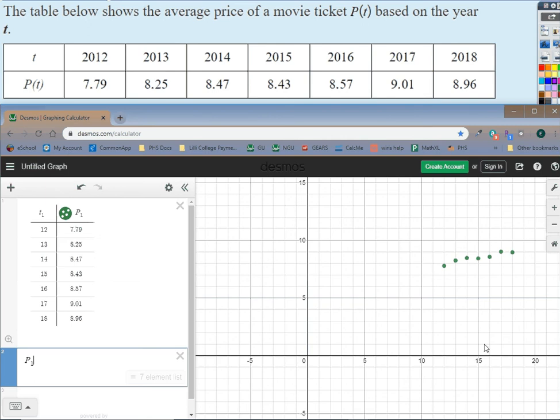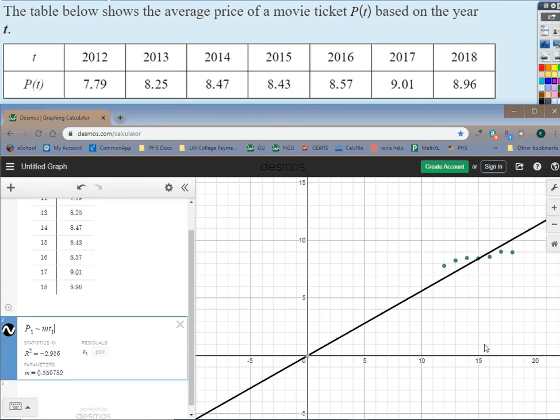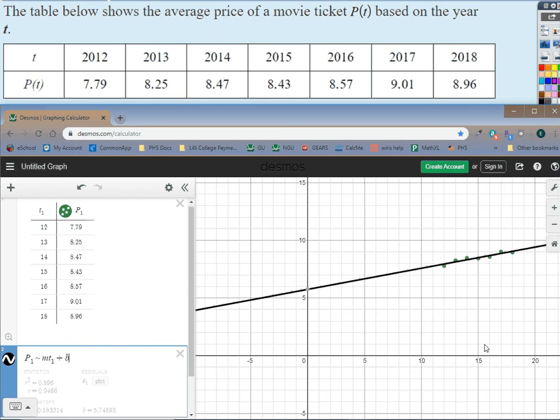P sub 1 is approximated by, and so what I use is a tilde. It's going to be the shift, and then it's the key right to the left of the number 1. It's that symbol. Okay? So P1 is approximated by M times T1, like MX plus B, only instead of Y and X, it's P and T, right? So MT plus B.